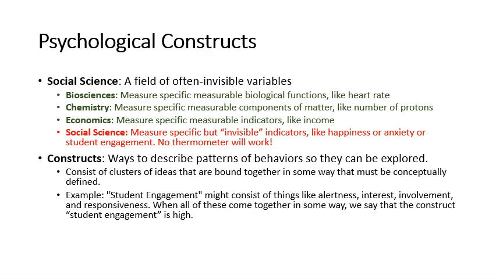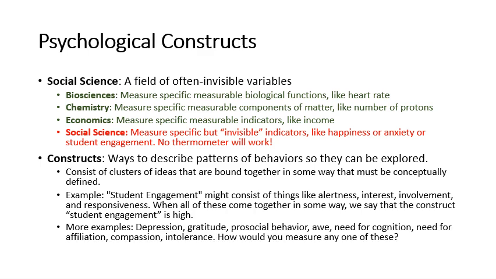Again, we can't measure any of these things with a ruler, though, or a thermometer. More examples of constructs that we try to measure in psychology. We measure depression, gratitude, pro-social behavior, awe, need for cognition, need for affiliation, compassion, intolerance. How would you go about measuring any one of these?